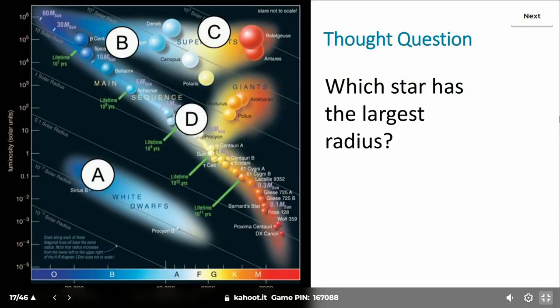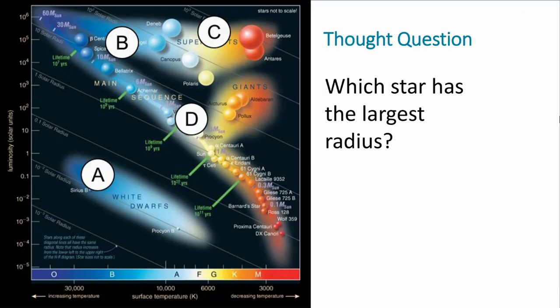And then which star has the largest radius? Yeah, so remember the radii kind of go not quite parallel to the main sequence, and so as you go up the graph, up and to the right, you're increasing your radius.